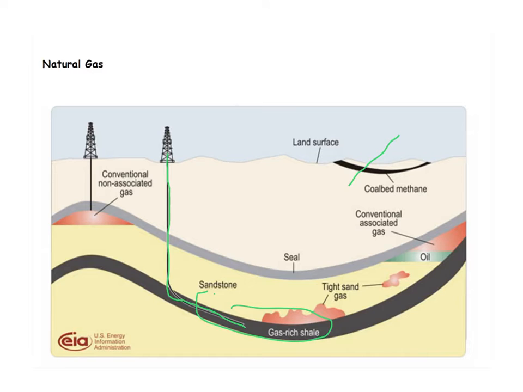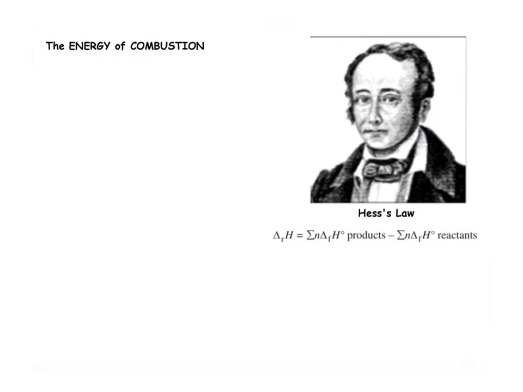That's one way that we can get at some of this natural gas, or we can just go straight down if there's a conventional pocket that we can just drill into. So those are the types of fuels that we have.